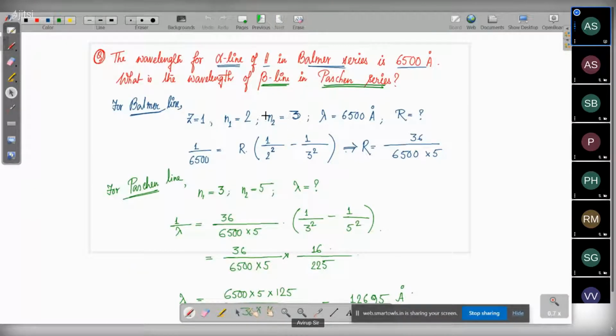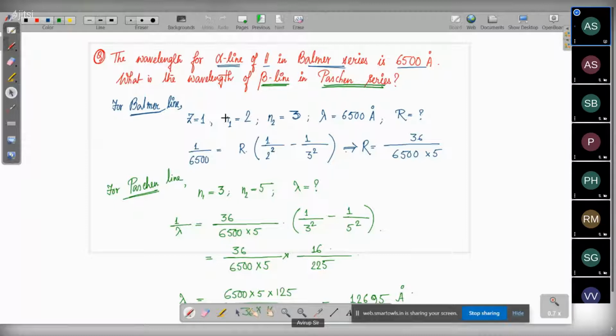Similarly, in this one it was said the Balmer series alpha line. Balmer means n1 is equal to 2. And the alpha line means the immediate next energy level, so that is why 3. Is the sum clear to everyone? Here, by the first line of information, you have to find out the value of Rydberg.